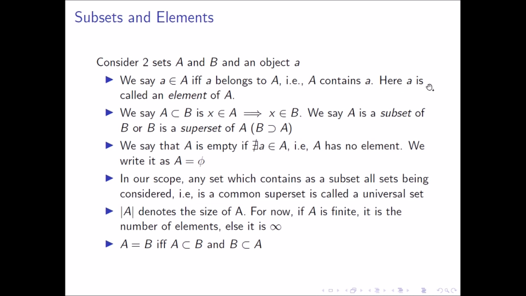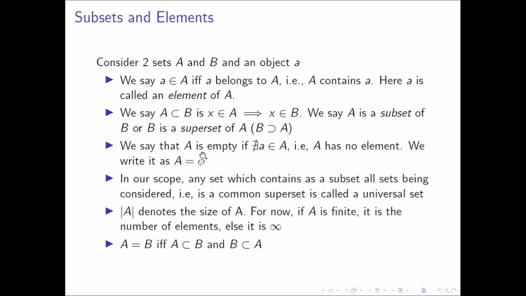Here, small a is called an element of capital A. Similarly, when all the elements of a set A are in B, that is, x is an element of A if and only if x is also an element of B, we say that A is a subset of B, or equivalently, B is a superset of A, sub and super. This notation is equivalent to this notation. Just note that these are mirror images of each other.